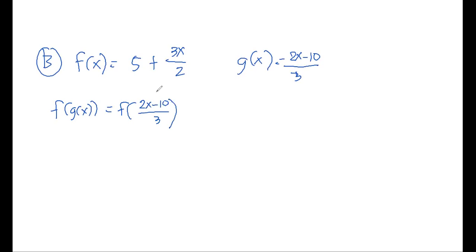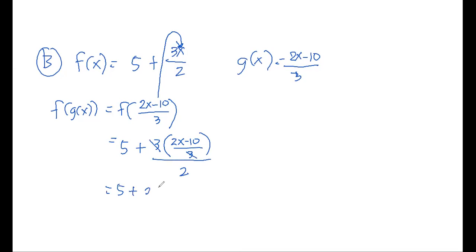It means that we substitute this to the value of x in f. So we'll have 5 plus 3 quantity, what's our x again? (2x minus 10) all over 3, all divided by 2. So 3 divided by 3 is 1. So we have 5 plus (2x minus 10) all over 2.